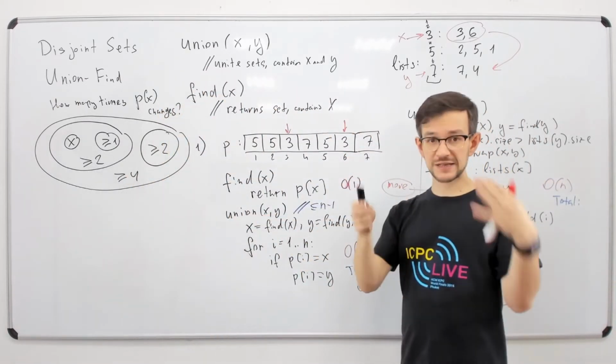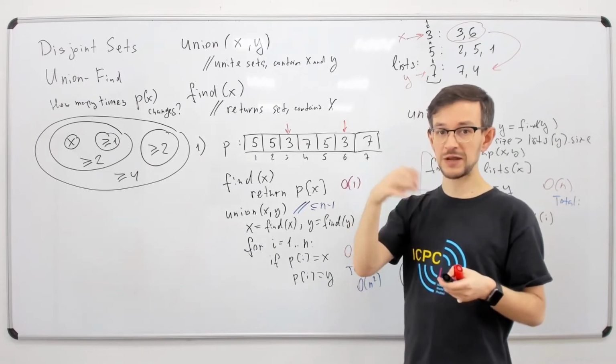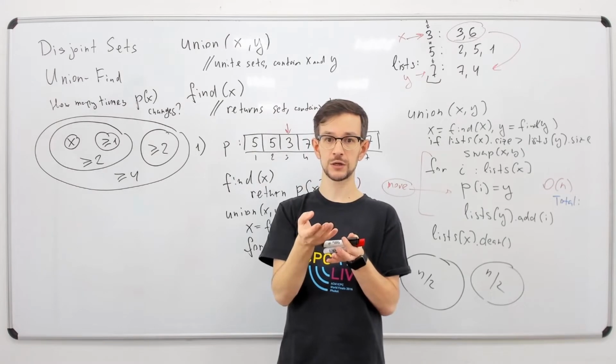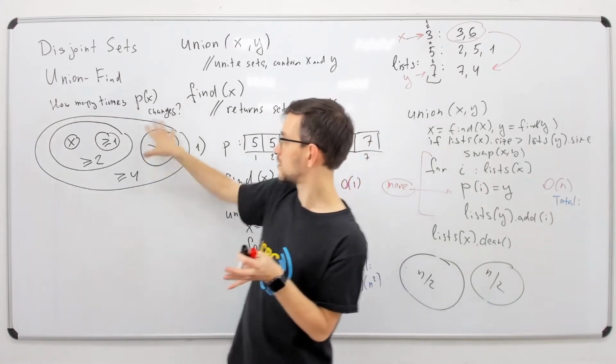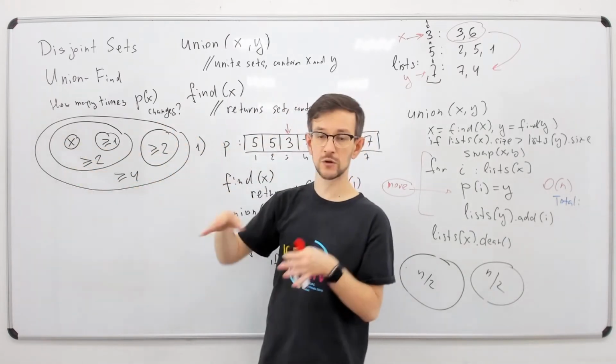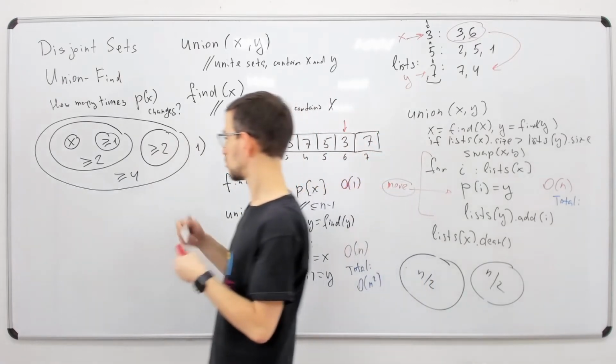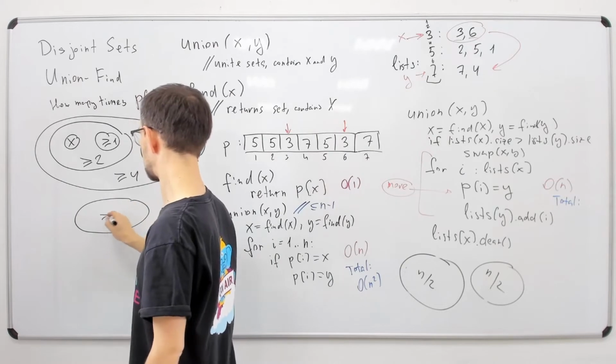And so on. Next time, when we move element x, it means that element x belongs to the smaller of these two sets. So we unite our set with another set of size at least 4.